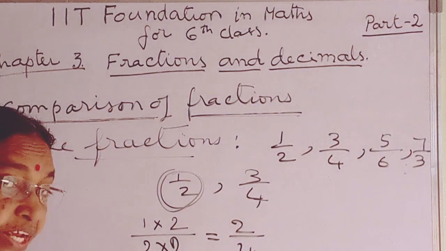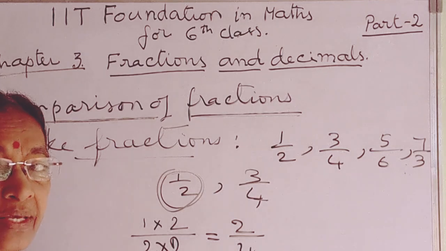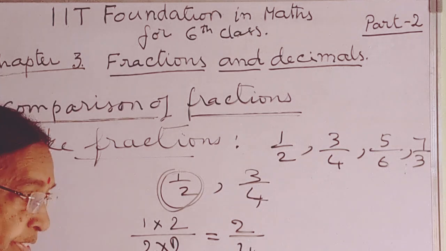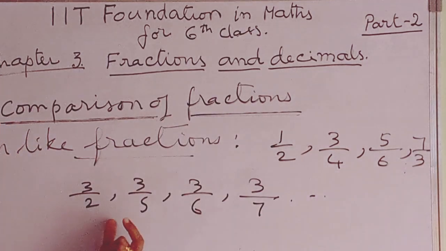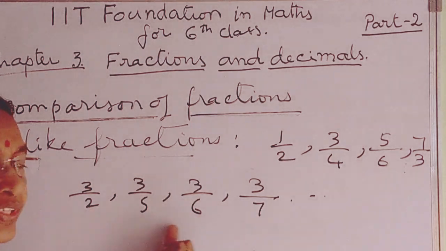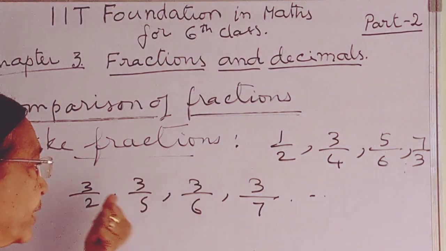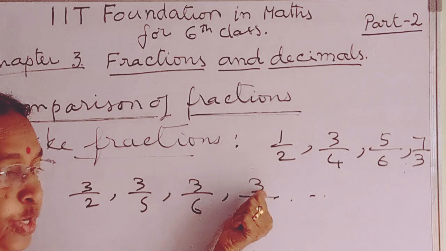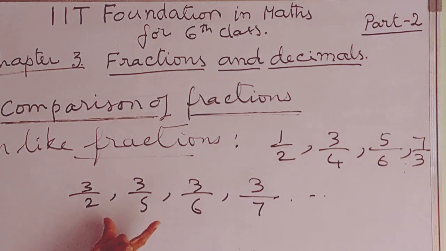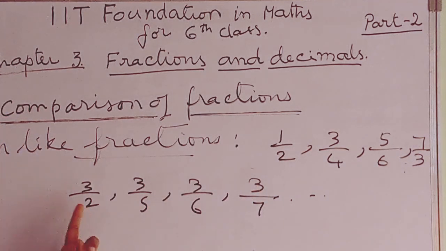But unlike fractions whose numerators are the same can be compared easily. The denominators are different. Therefore, these are unlike fractions. But numerators are the same. So we can compare these fractions. The fraction whose denominator is least is the greatest of all the fractions. So 2 is least.